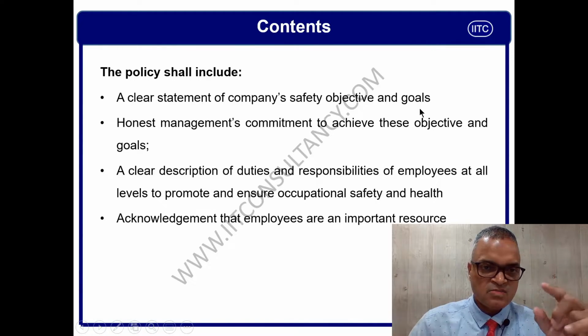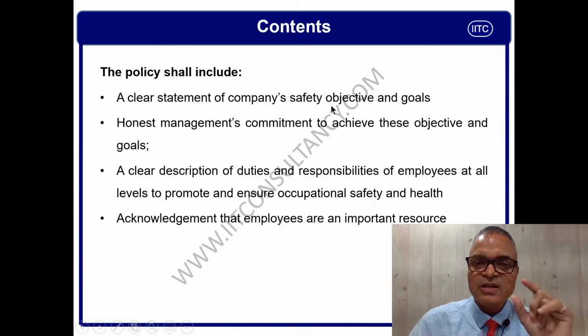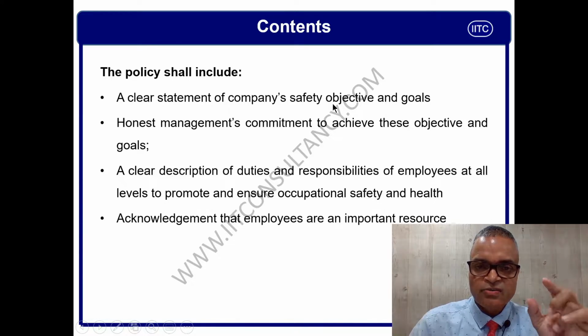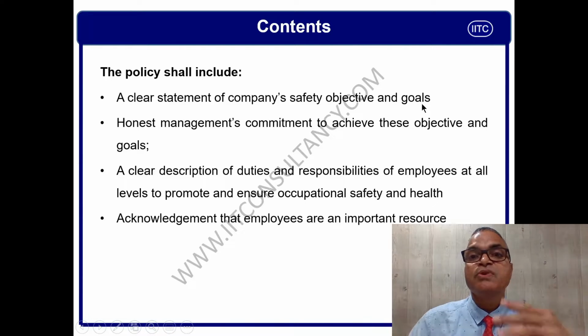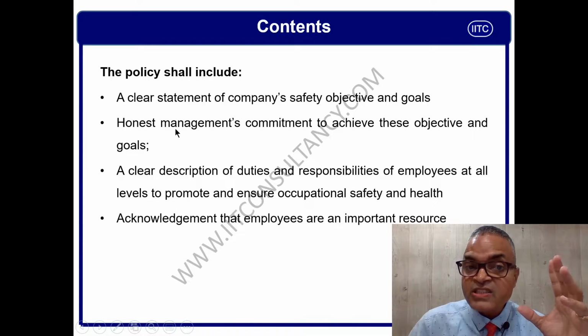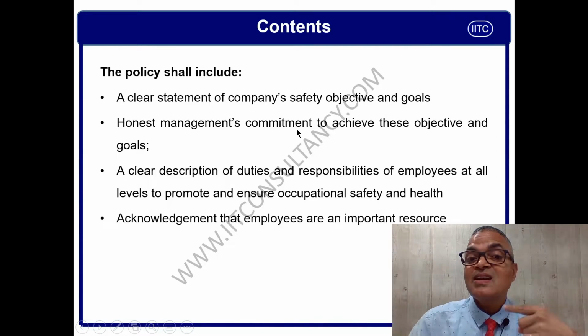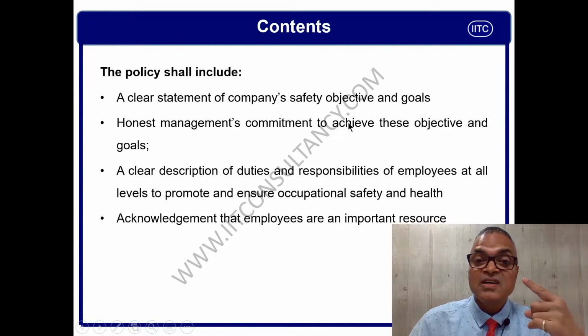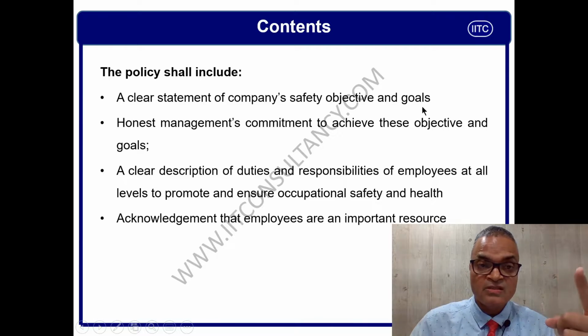The safety policy should have the objective regarding safety and the goal we want to achieve. Honest management commitment should be there. Why? This will ensure we achieve the objectives and goals mentioned in the policy.